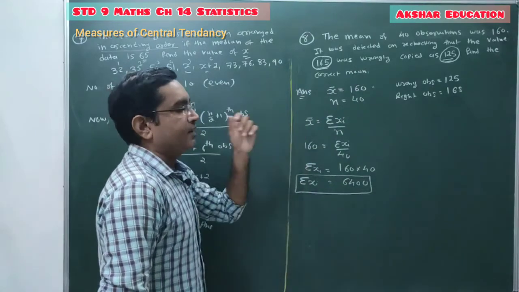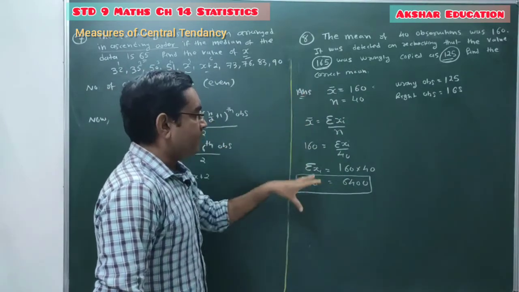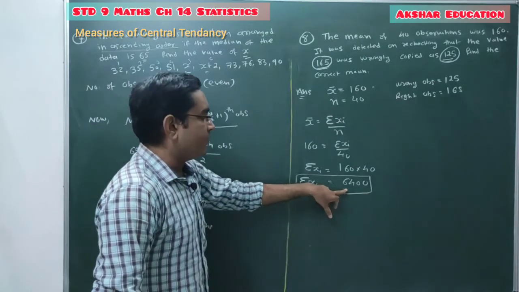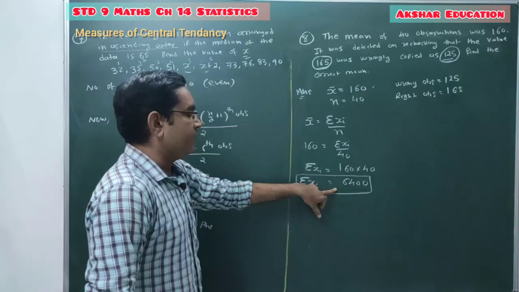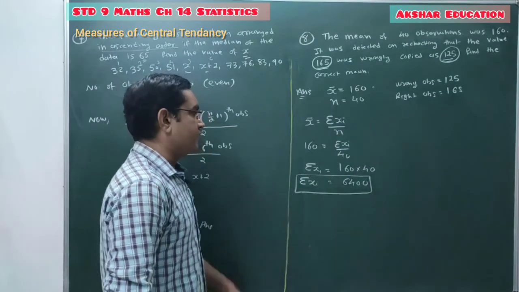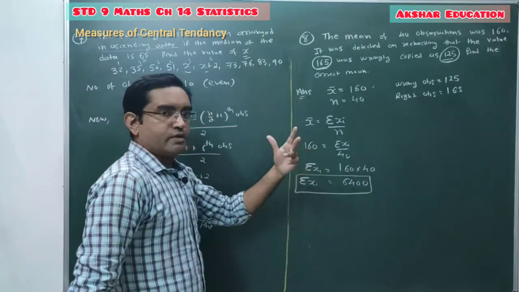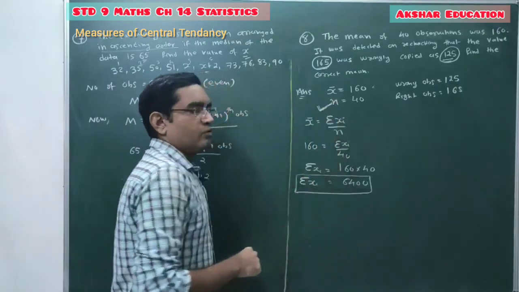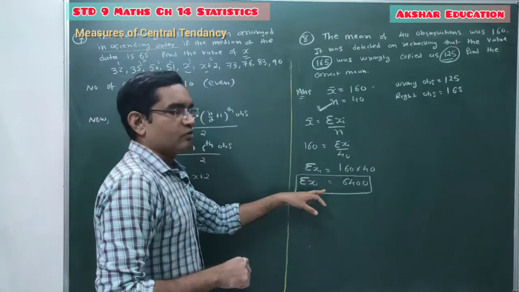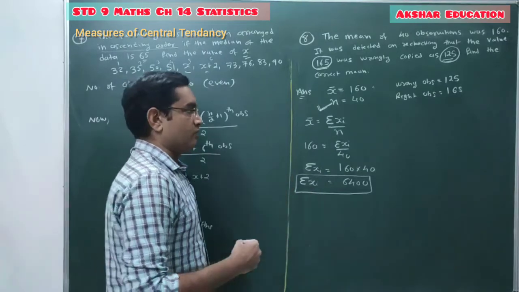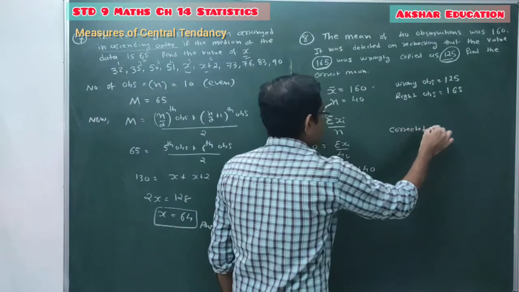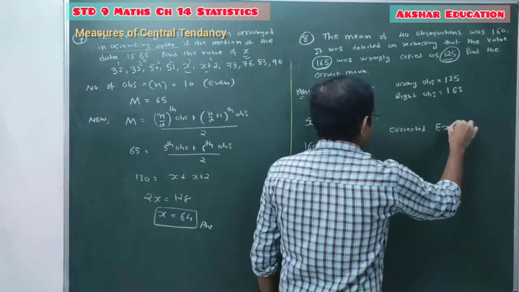So now you have to find the corrected mean. To find the correct mean, we have to correct this sum of observations, because we took the total sum of 40 observations, and one observation was kept wrong. The total number of observations is right, that is 40, but the sum is wrong because the value of one observation is wrong. So here we are finding the corrected sigma xi.